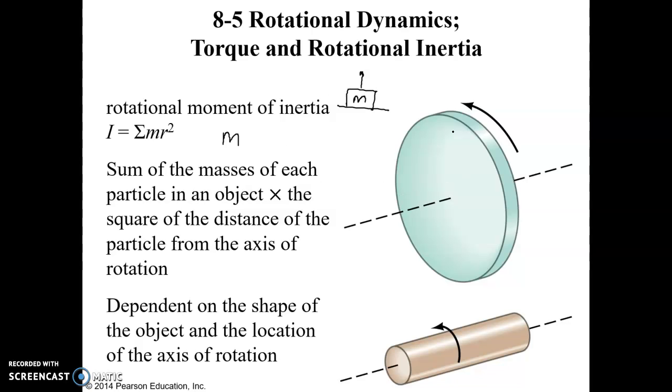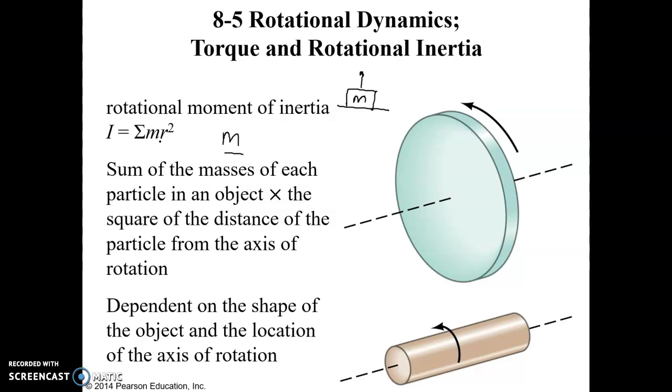So with objects that we want to spin in a rotational fashion, the same thing is true. If it has a greater mass, it's going to be harder to spin it than if it has a small mass. But it's not just the mass that makes a difference, but also how that mass is distributed.